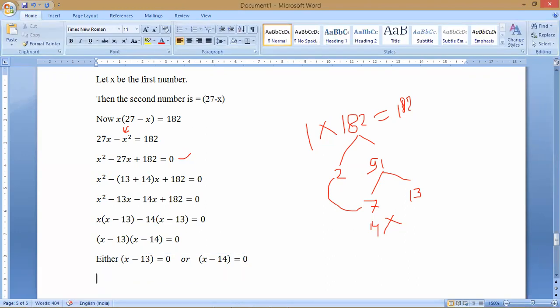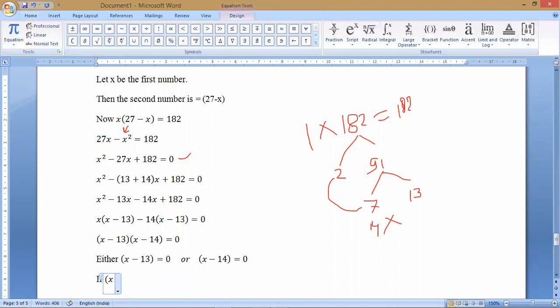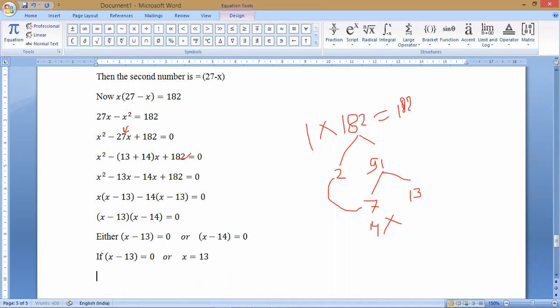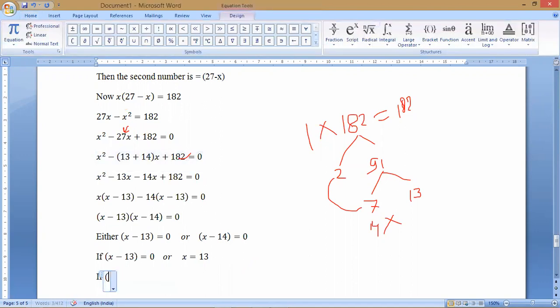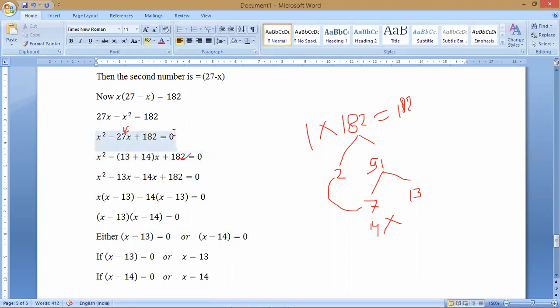So we can say that if x minus 13 is equal to 0, the value of x is equal to 13, and if x minus 14 is equal to 0, the value of x is equal to 14. So these are the two numbers, 13 and 14, whose sum is 27 and the product of these numbers is equal to 182.